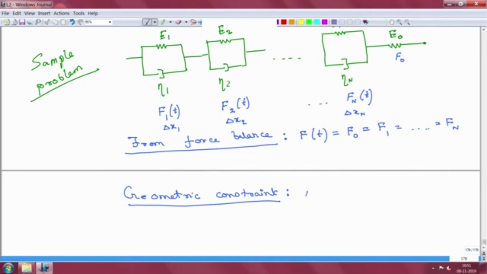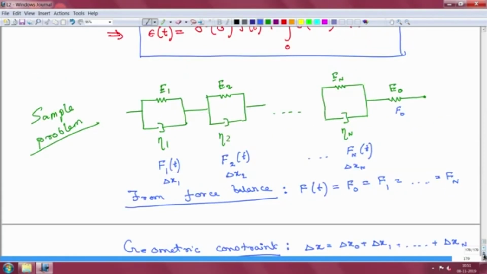And then the total deformation delta x is now going to be a sum of all the different deformations in all the different units. So, to solve it further, what we have to do is we have determined the force balance and the geometric constraint, that is quite straightforward, and then we have to write the individual force deformation relationships and then try to see how we can combine them into one equation, right.